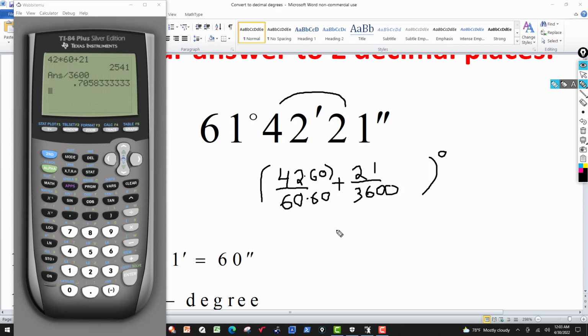So this part right here rounds out to 2 places, so this should be 0.71. So this then in decimal degrees will be 61.71 degrees.